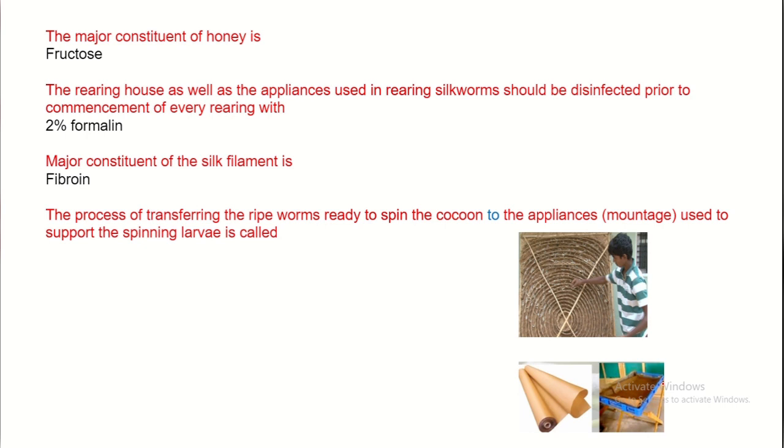The process of transferring the ripe silkworm larvae to the mountages is known as mounting. To maintain humidity, paraffin vapors are used in silkworm rearing.